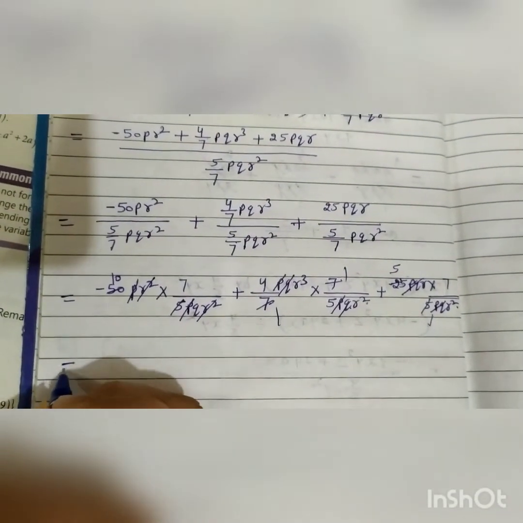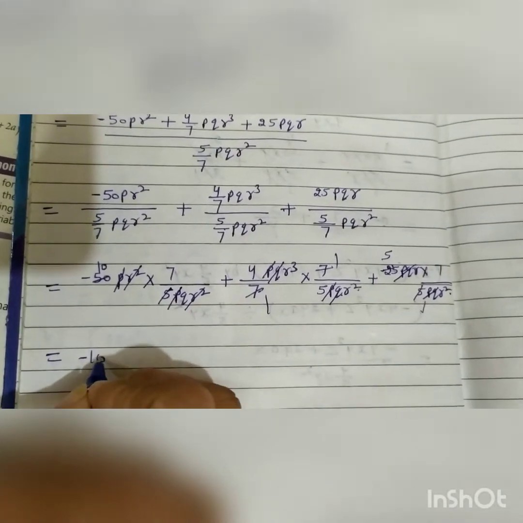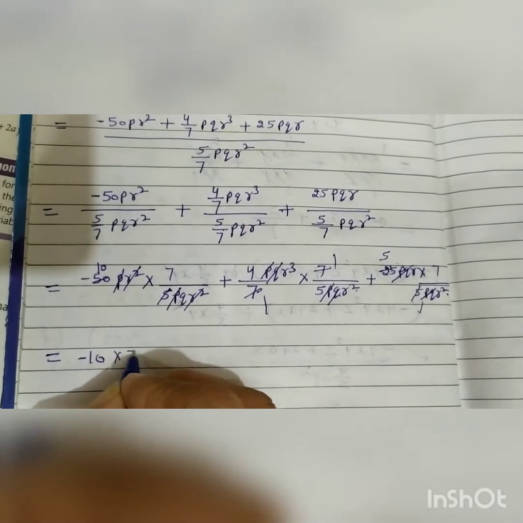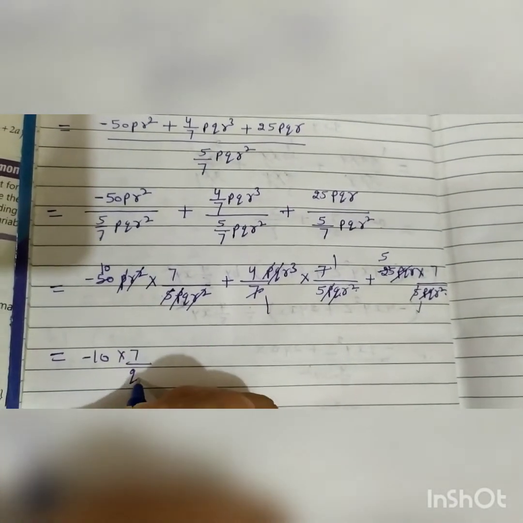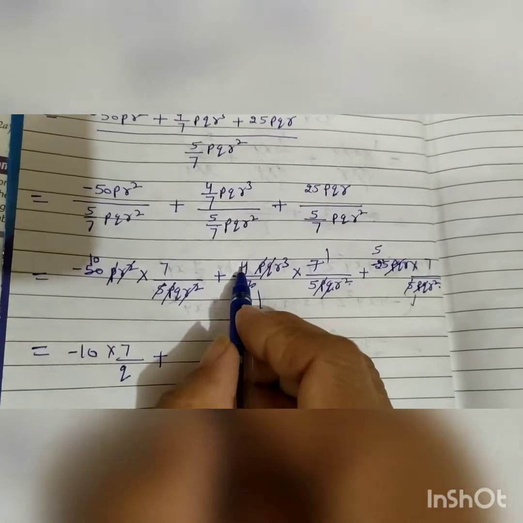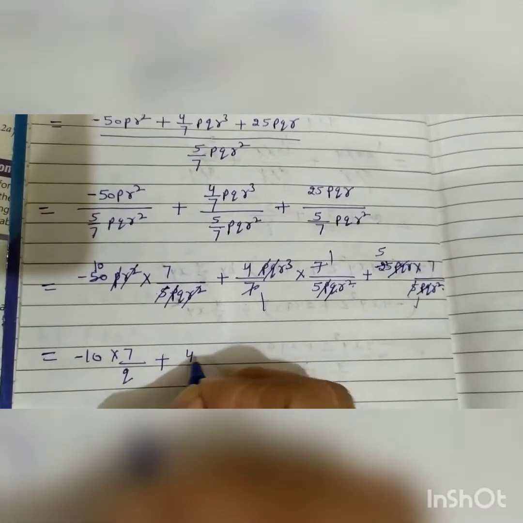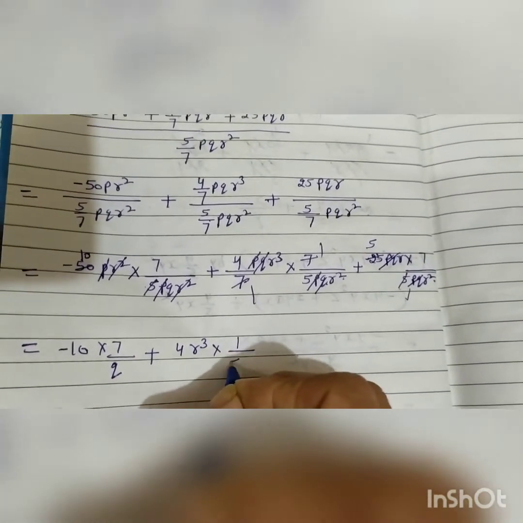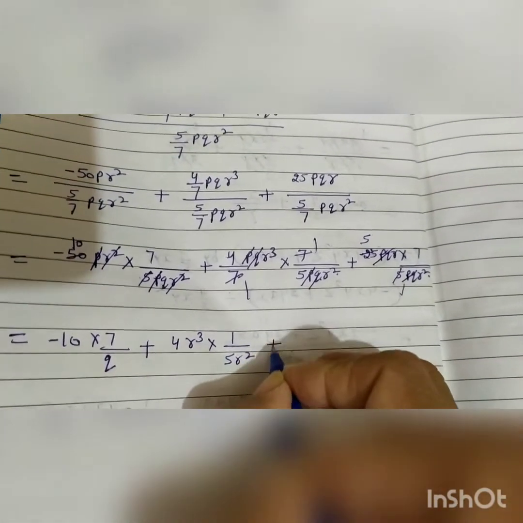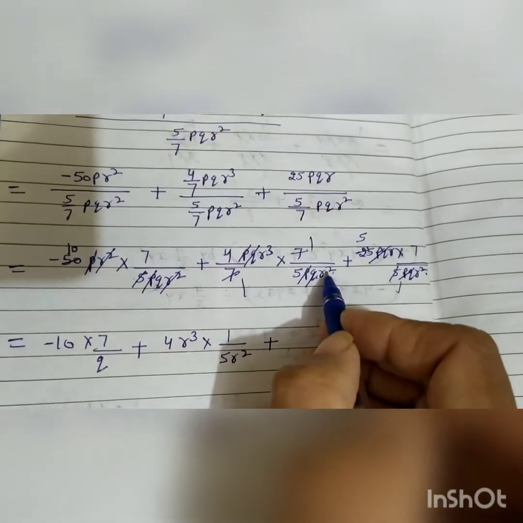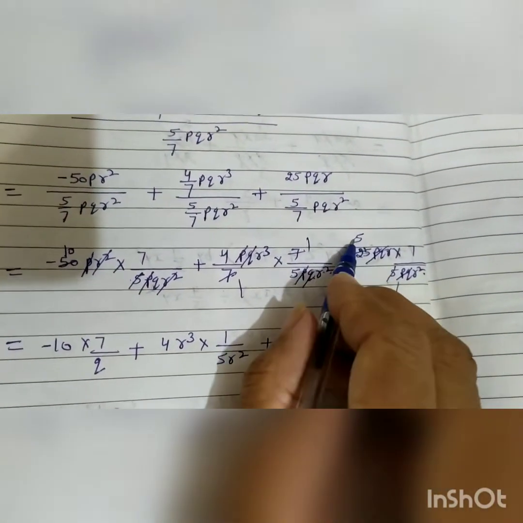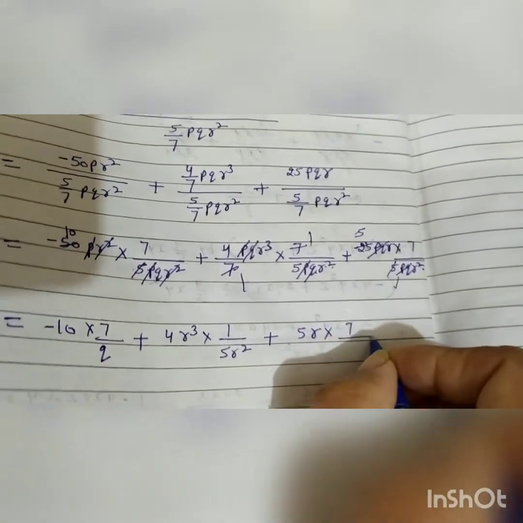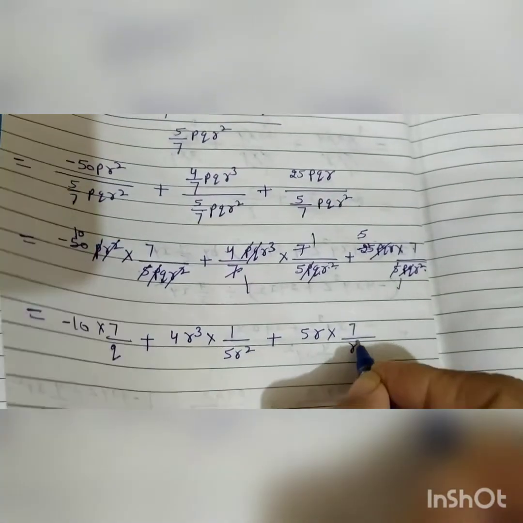See, it is minus 10 into 7 upon this Q plus 4R cube multiply 1 upon 5 R square plus this 1 upon 5 R square plus 5R into 7 upon R square.